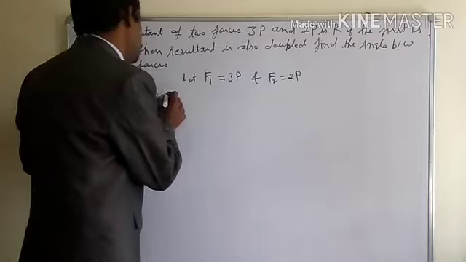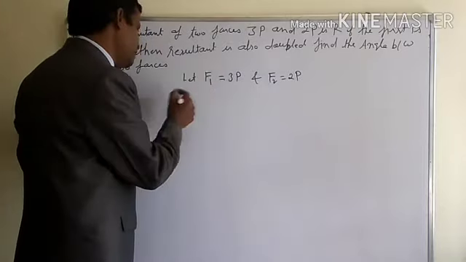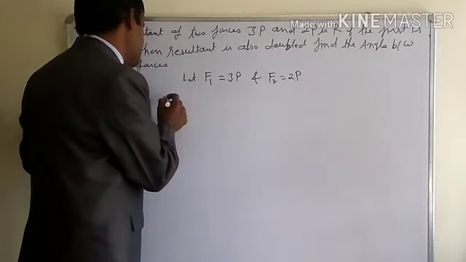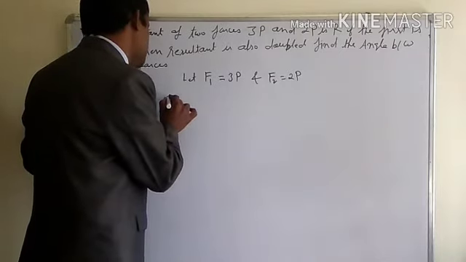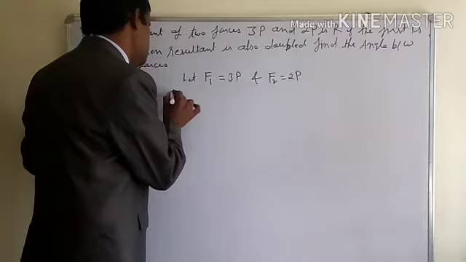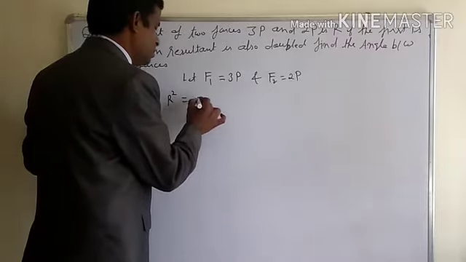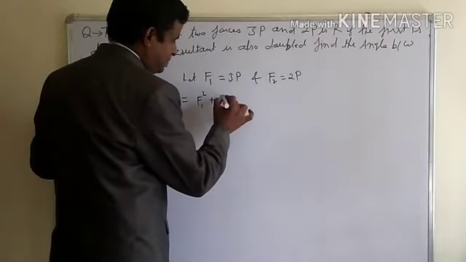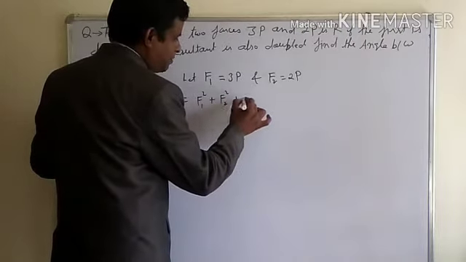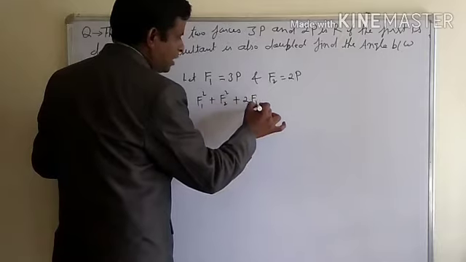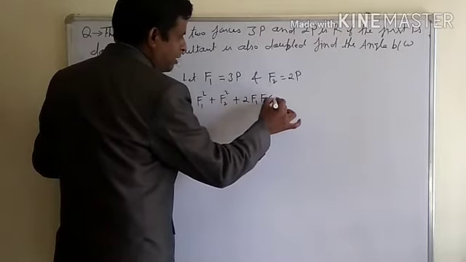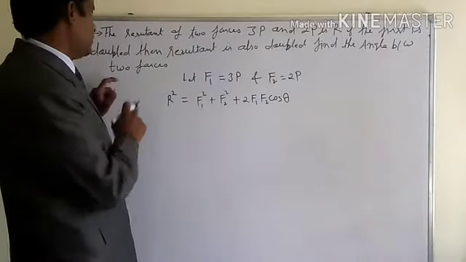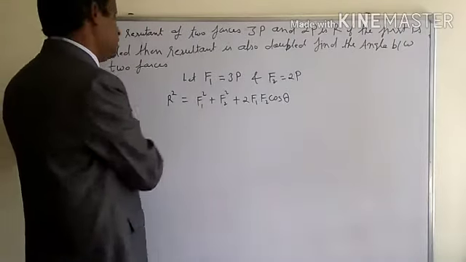Now by using the parallelogram law of vector addition or the triangle law magnitude relation, we will write resultant square is equal to F1 square plus F2 square plus 2 F1 F2 cos theta, where theta is the angle between the two forces F1 and F2, which we have to find.